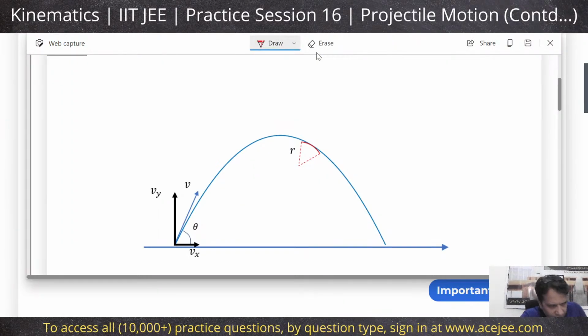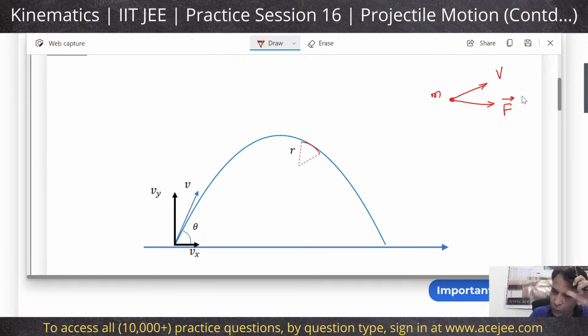Okay. So let's understand the radius of curvature thing. What does it mean? Let's say the velocity vector is in this direction at a certain time. And let's say the force acting on the particle, by the way, we're talking about a particle of mass m, the net force acting on the particle is in this direction, right?